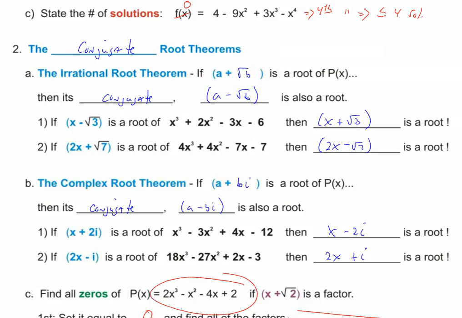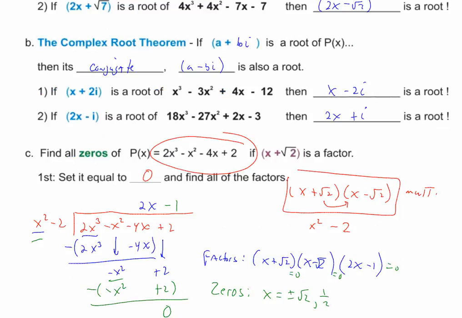And what the theorem says is, if you have a root that involves a square root, it's an irrational root, then you're going to have its conjugate. And also, if you have a root and it's a complex number root, involves an imaginary number, you're going to have its conjugate. So by knowing you have one irrational root, you know you got its conjugate, you got a second. By having one complex number root, you know you have its conjugate.